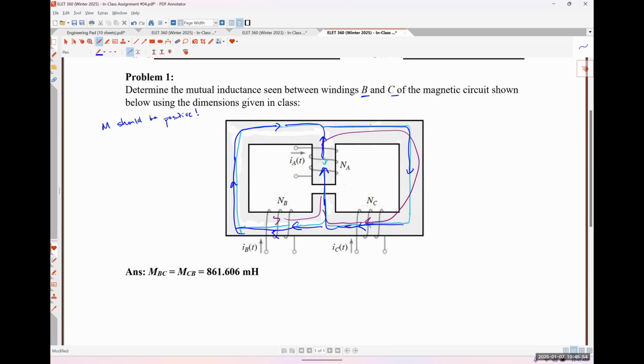These are going to add together to form back there. You're right. So that means the mutual inductance for A and B is still negative, and A and C is still positive. All right. Thank you for that, Brock. You were correct.